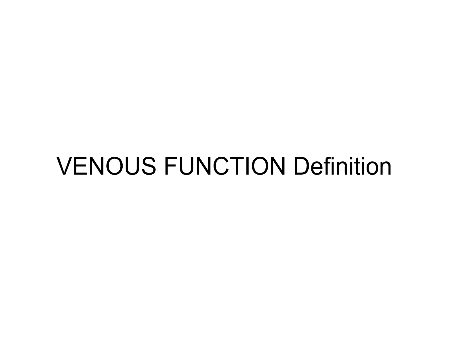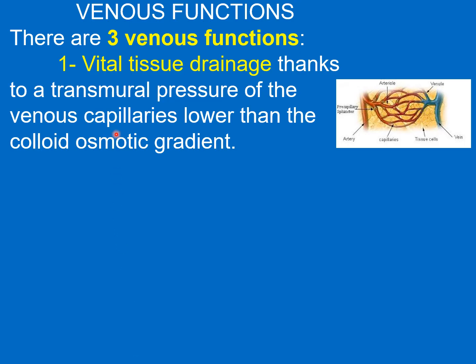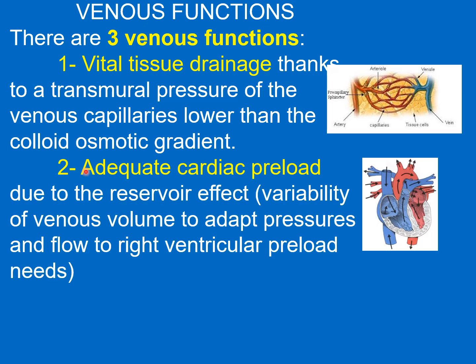Definition of the venous function. There are 3 venous functions. The first one is the vital tissue drainage thanks to a transmural pressure of the venous capillaries lower than the colloid osmotic gradient. 2.